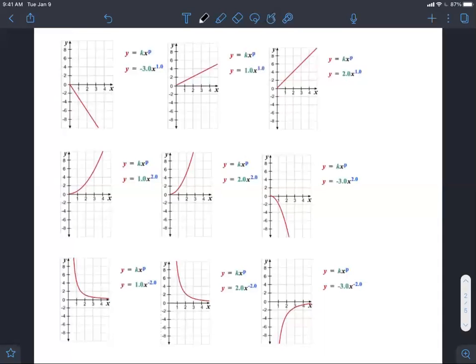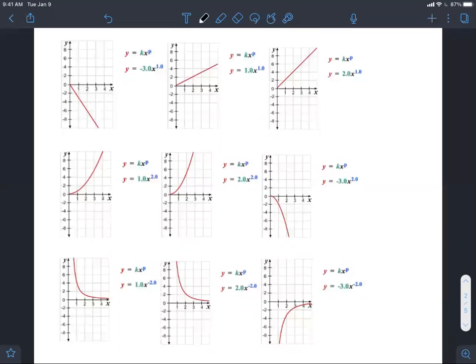I have 3 different classifications. In the first row, we have a linear function, which is technically a power function. I probably should have made P between 0 and 1, but whatever.